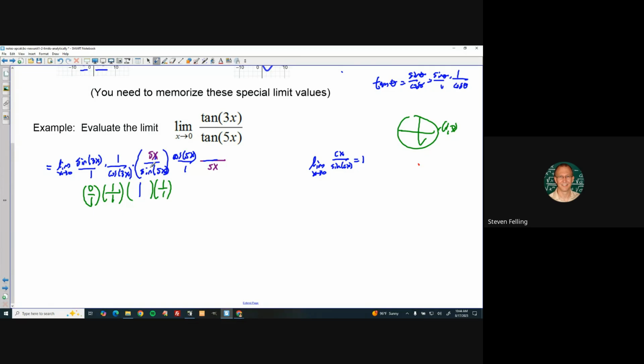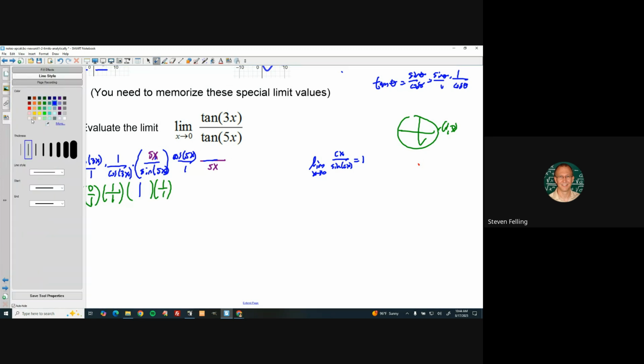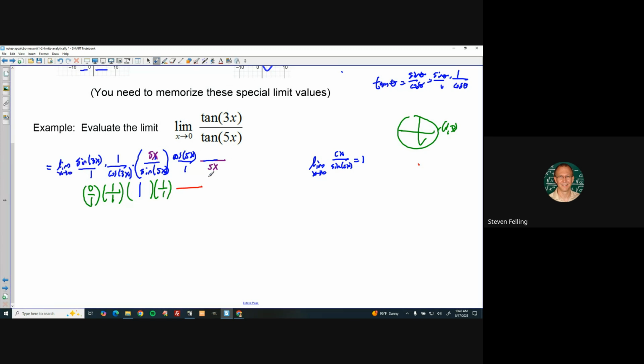Right, that's removed that issue of dividing by 0. The problem is, now, we've got this 5x over here. So when we plug a 0 in over here, we're dividing by 0. Typically there's a 1 left there. And that means now we've just transferred the problem over here. We're still dividing by 0.